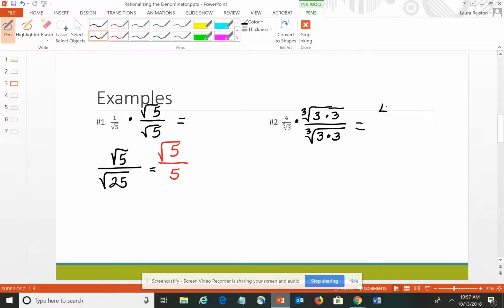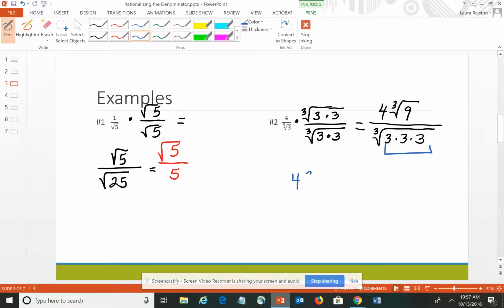So I have 4 times the cube root of 9 over the cube root of 3 times 3 times 3. Hopefully you realize that in the denominator, because you've forced it to be a perfect cube, you have that full set of 3s, so it can be simplified.